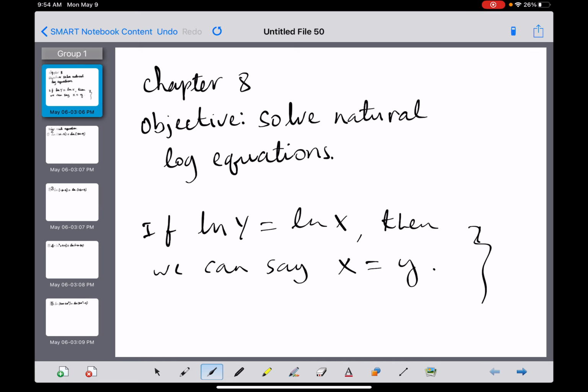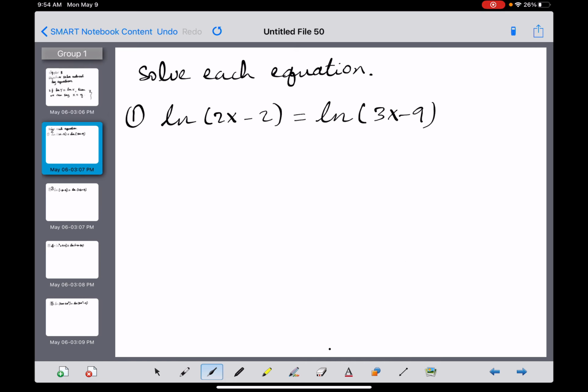So let's move on to number 1. Okay, number 1 we have ln of 2x minus 2 equal to ln of 3x minus 9. So since we have ln equal ln, we can pretty much ignore this and then bring down the 2x minus 2 equals 3x minus 9. And then we solve for x.